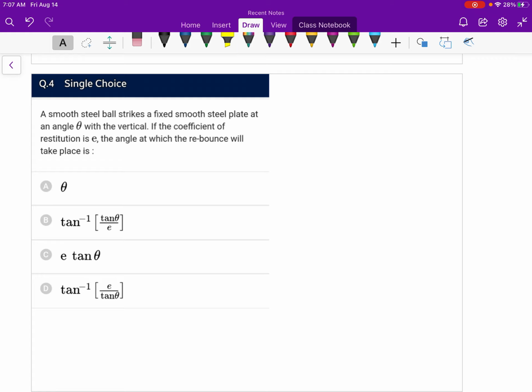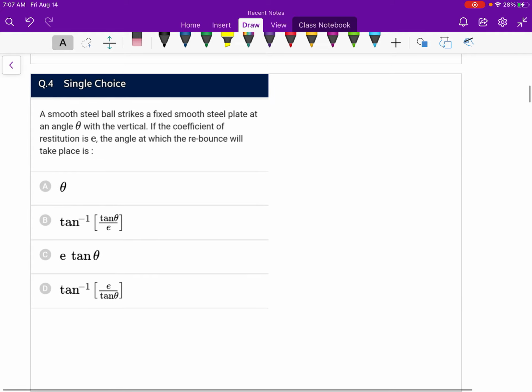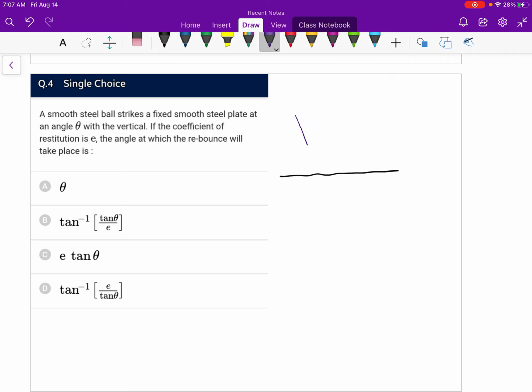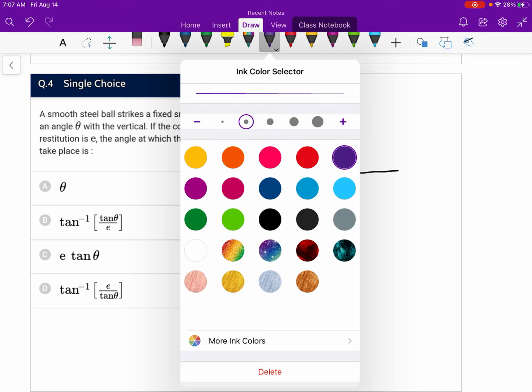Let's say the angle is theta, this is the floor and the ball strikes at an angle theta. Let's divide the initial velocity into uy and ux.